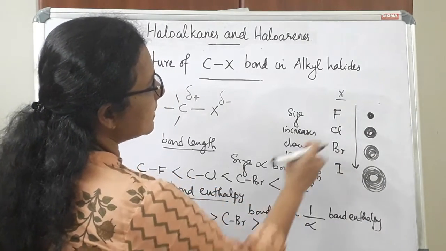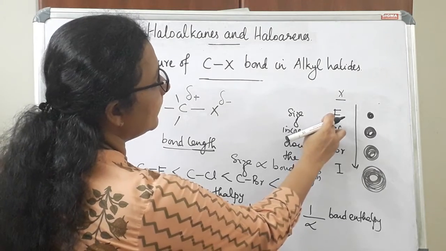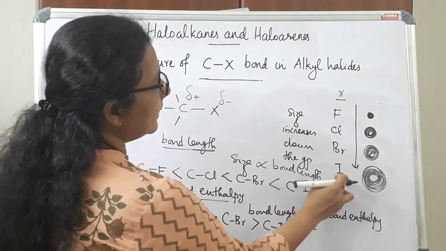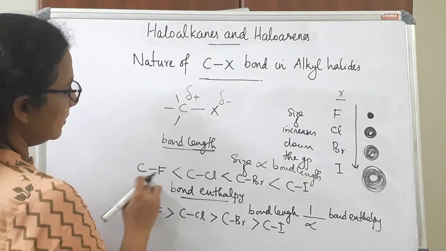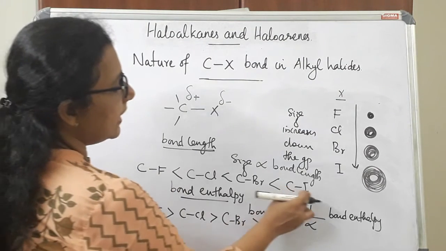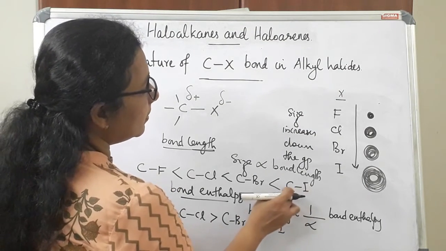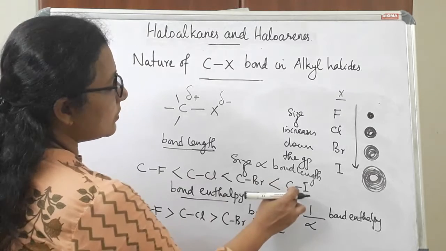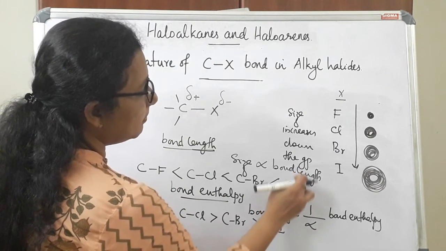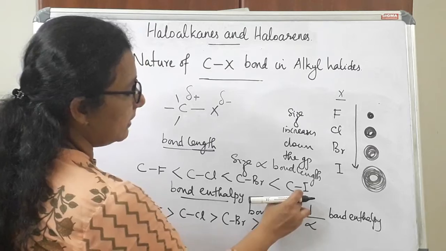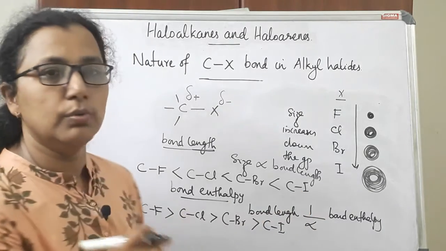Fluorine is small and iodine is the biggest atom. So the C-F bond length is small and the C-I bond length is larger. C-I has more bond length, so we can break the bond more easily, meaning less energy is needed to break the bond.